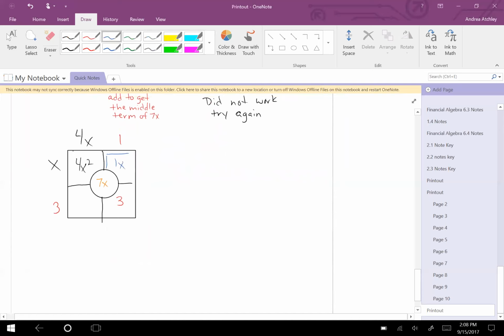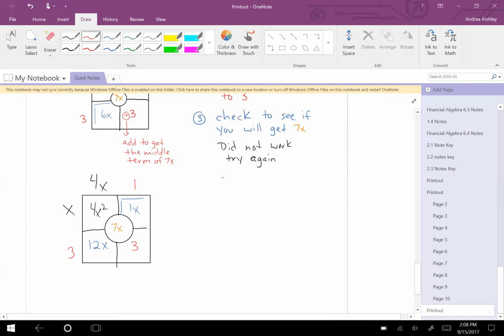I'm gonna multiply the 4 times the 3 and get 12x. Again, if I add those middle terms, will I get the 7? No. Okay. Didn't work again, so try again.